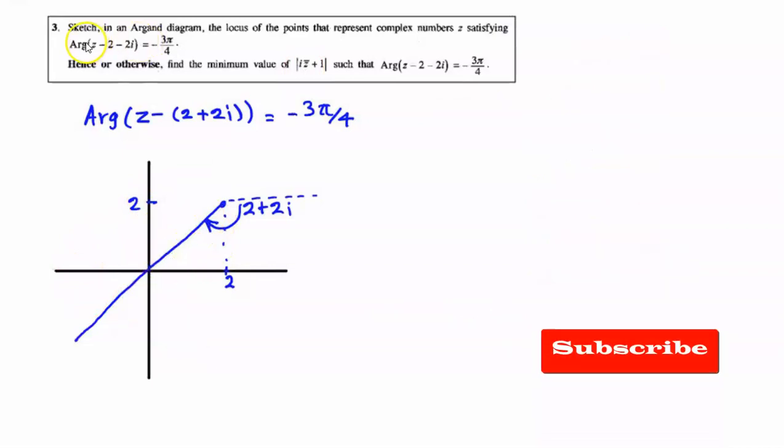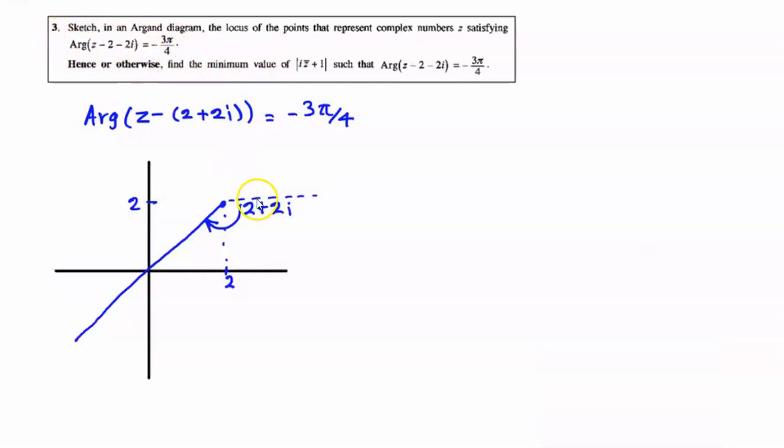We don't need it. Since our z satisfies this situation, all the complex numbers, if we write them in a plus bi form, I should be able to write it as a plus ai, using both the real and the imaginary parts to be the same, because our angle is negative 3 pi over 4, giving us a pi over 4 angle here, making sure every time that the a and the b values are the same.